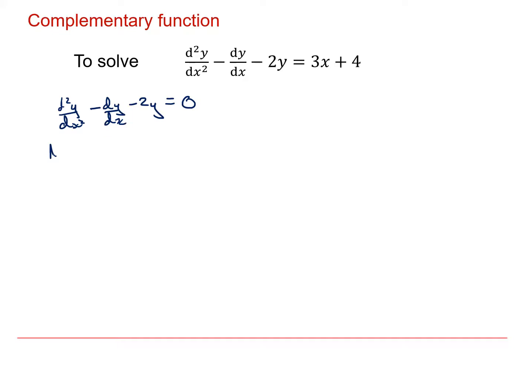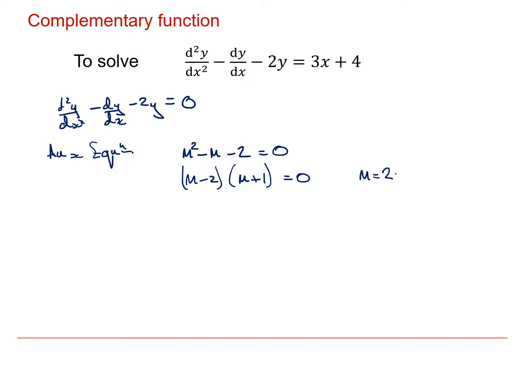We then look at the auxiliary equation for that, and the auxiliary equation for that is m squared minus m minus 2 is equal to naught. That factorizes into (m minus 2)(m plus 1) equals naught, and that gives me two real roots, m is equal to 2 and m is equal to minus 1.